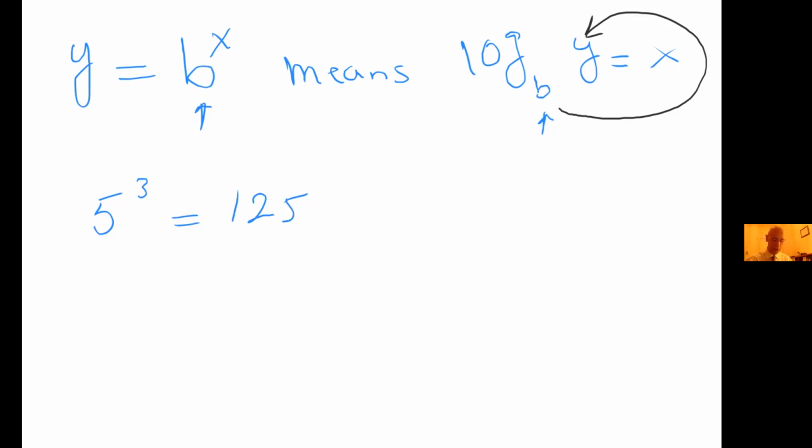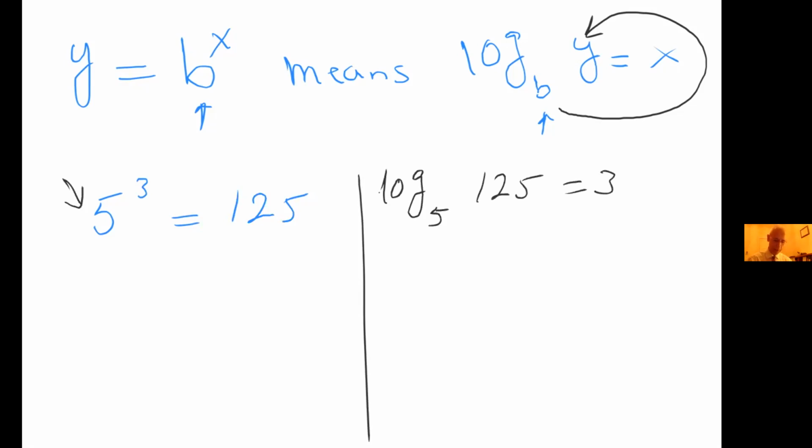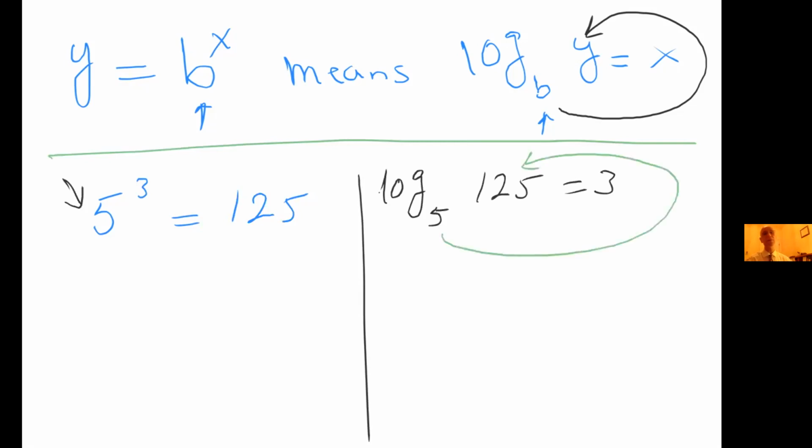If I wanted to write that in the language of logarithm, I could say log base 5. Remember, this was my base right here. So log base 5 of 125 equals 3. So remember that 5 to the power of 3 is 125, and log base 5 of 125 equals 3.